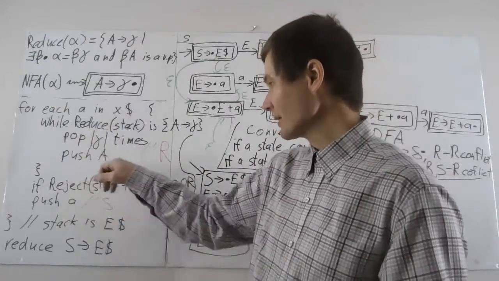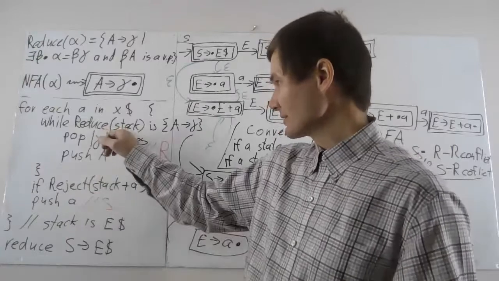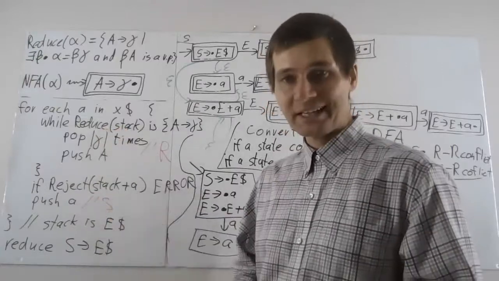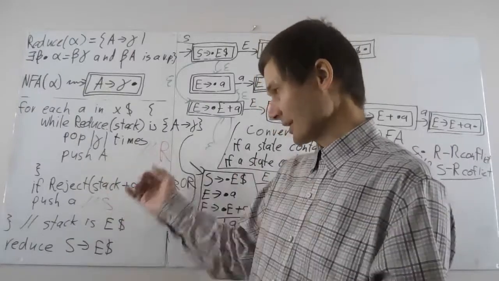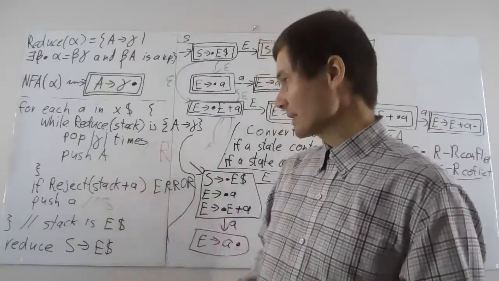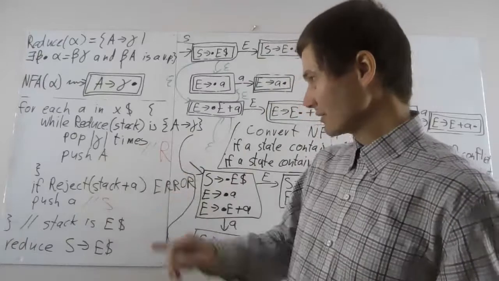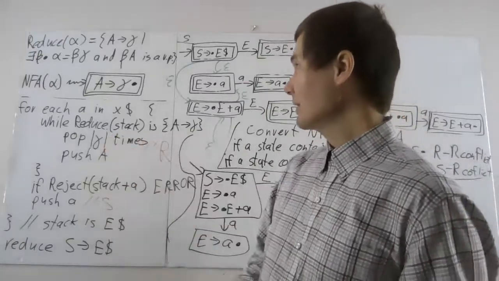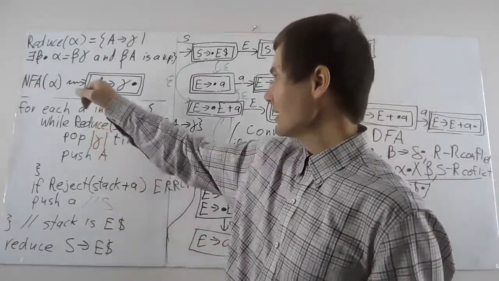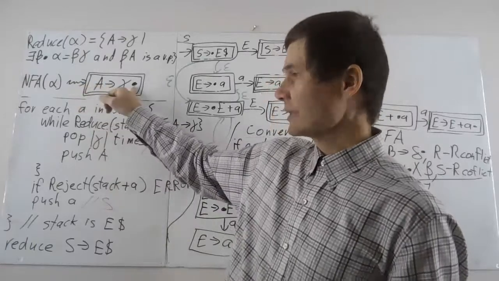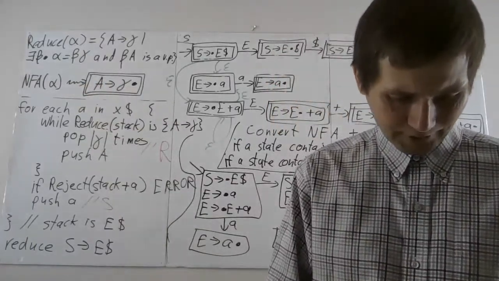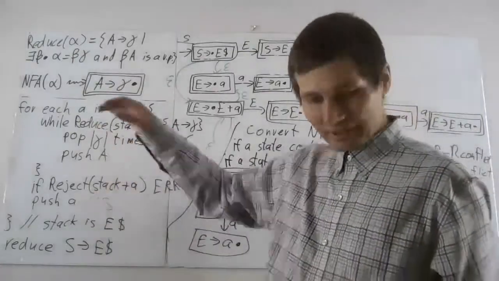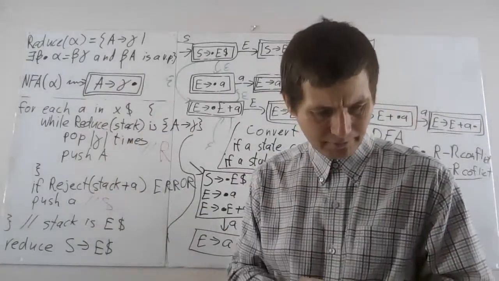It's running the NFA on the stack, the stack plus A here, and if the NFA or the DFA rejects that input, then you give an error. Here, you're trying to see whether the DFA ends up in a state with a dot at the end. So this part you do have to implement yourselves.